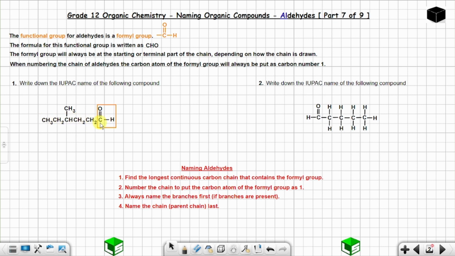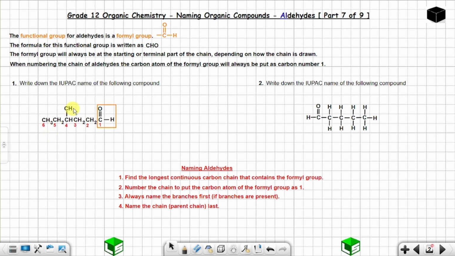You can see that. So this will be carbon number 1. Number the chain to put the carbon atom of the formyl group as 1. So this is 1, and 2, 3, 4, 5, 6. So the parent chain is made up of 6 carbon atoms.